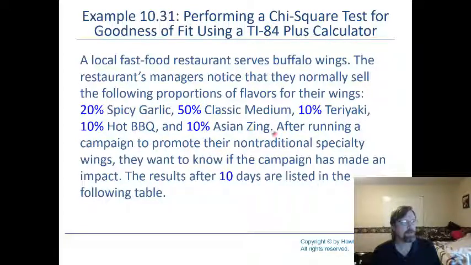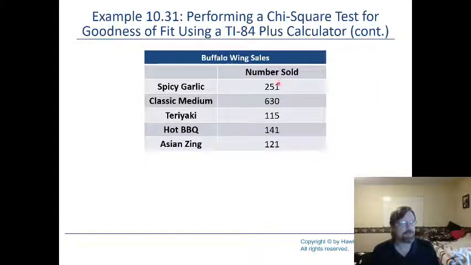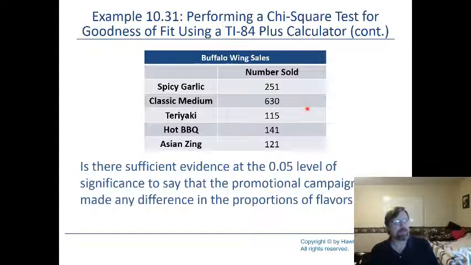They want to run an ad campaign to promote some of their non-traditional specialty wings, and they want to know if that made an impact. So after 10 days, they get the following results for numbers sold. Is there sufficient evidence at the 0.05 level of significance to say the promotional campaign made any difference?